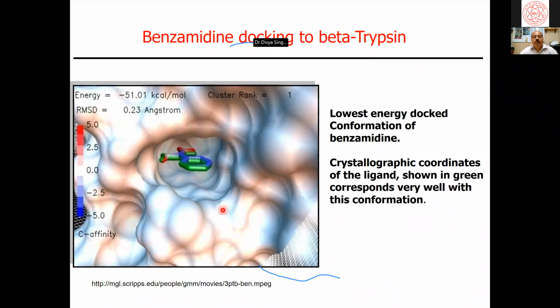So suppose you have a good tool which can help you predict which top 10, 20 or 30 molecules could be better binders, then you can use them for experimental assay. So this is how it highlights the power of understanding the interaction between the protein and the ligand.